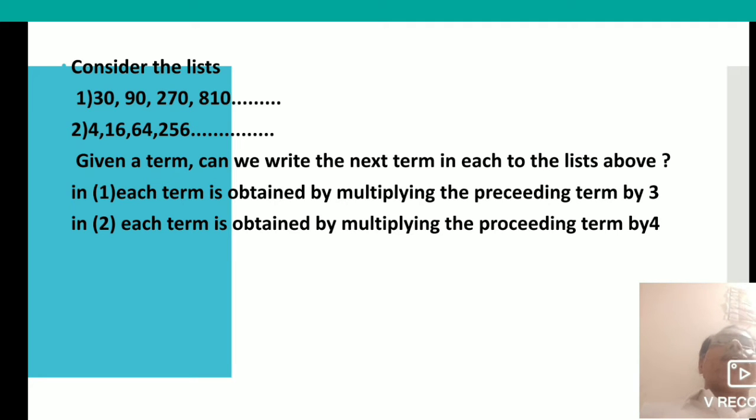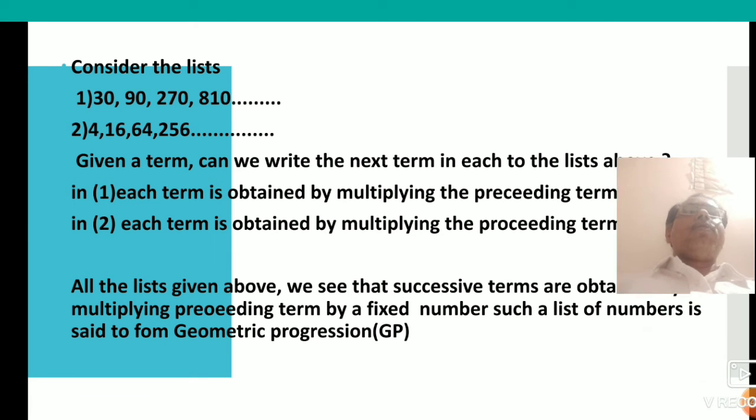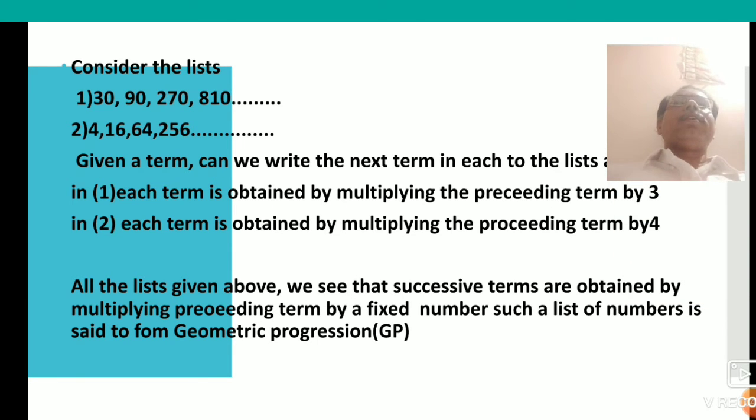In the same way, if you multiply 4 to that 64, then we get simply 256. So in all the lists given above, we see that successive terms are obtained by multiplying the preceding term by a fixed number.